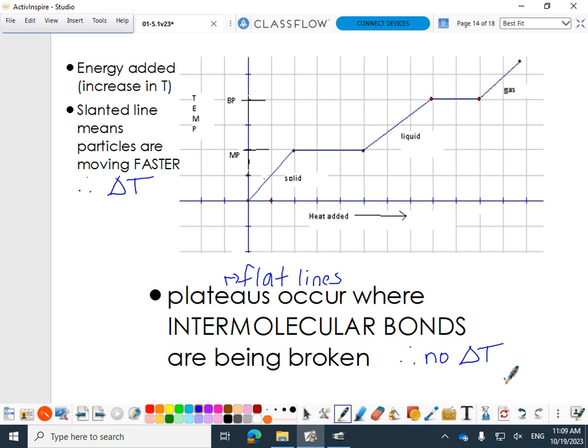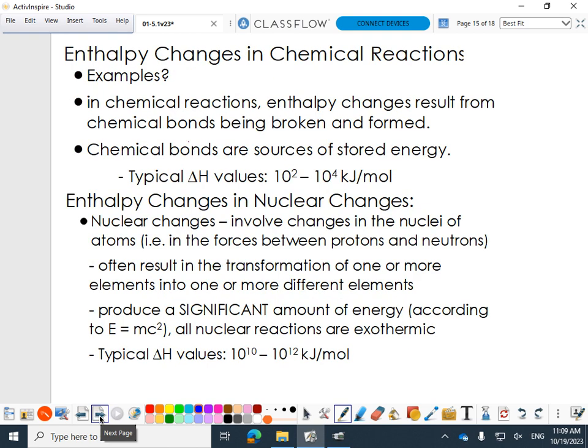Okay, and then chemical changes, and we'll talk a little bit about nuclear changes, but we are obviously not going to do nuclear changes in our classroom, so we'll focus more on physical and chemical as the unit goes along. So examples of chemical reactions: we're going to do single displacement in our calorimeters.